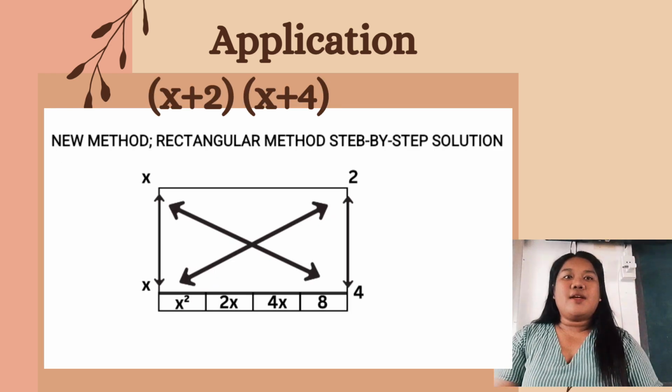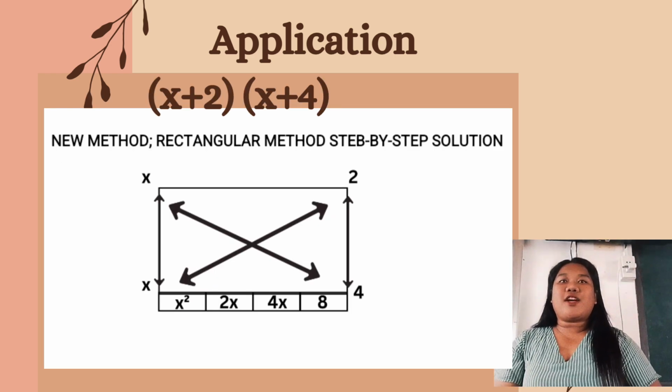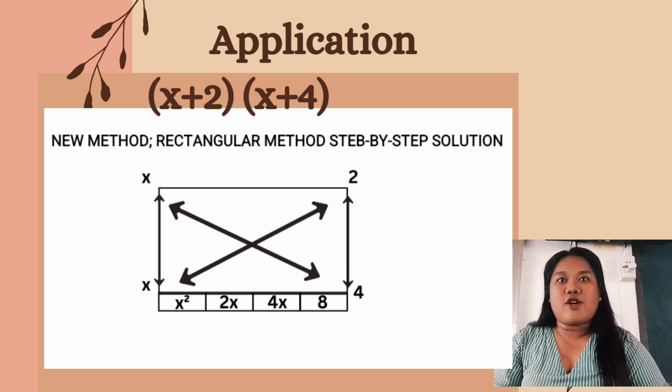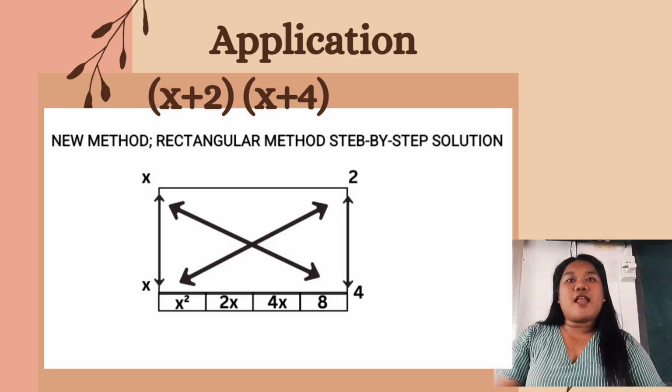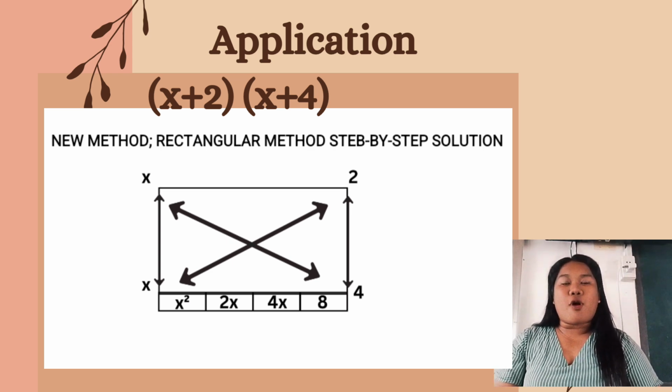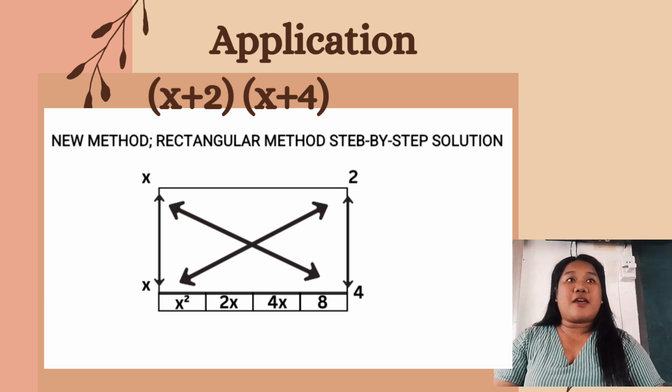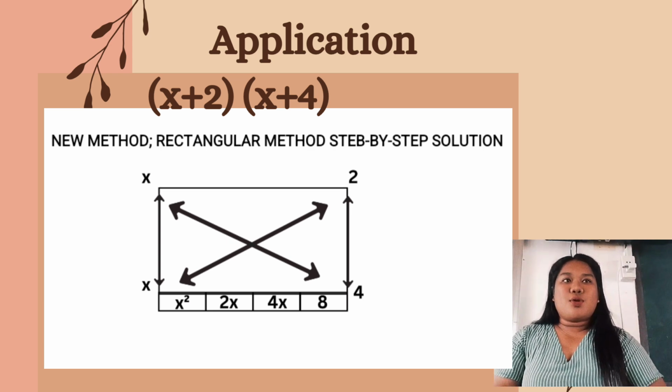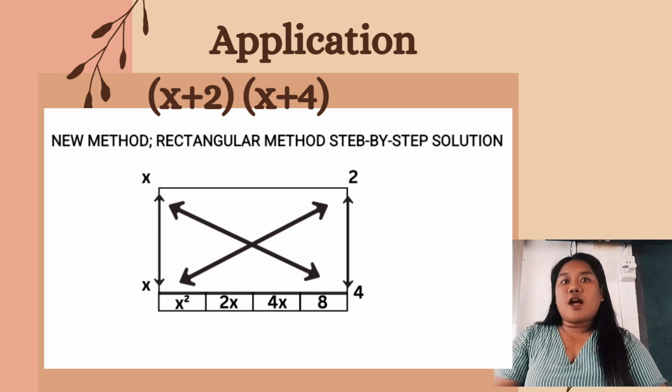So now let's try it using our newly created rectangular method in multiplying binomials. With the same given, x plus 2 times x plus 4, let's see if we get the same answer. The first thing that you are going to do in this rectangular method is to draw our rectangular model and then plot each term in our four-sided rectangular model.